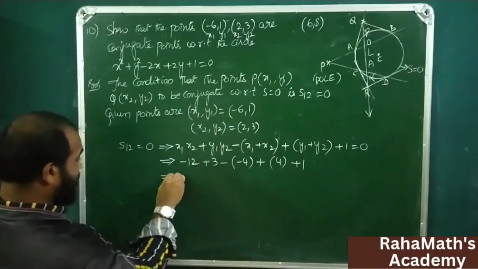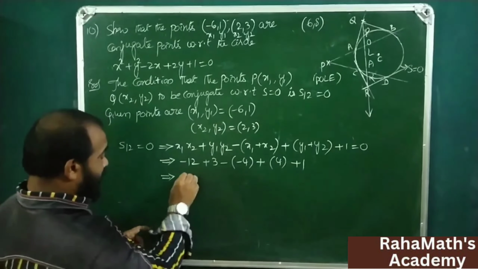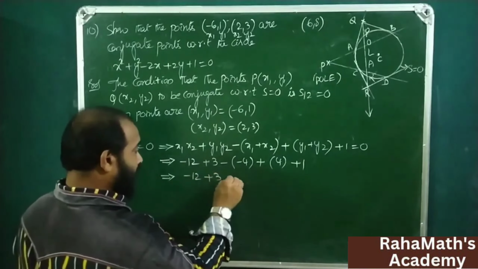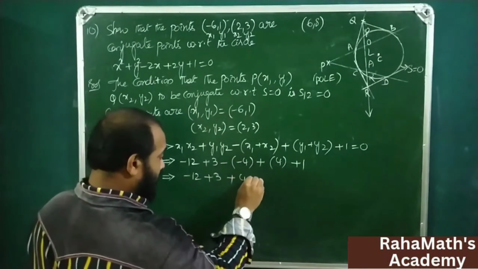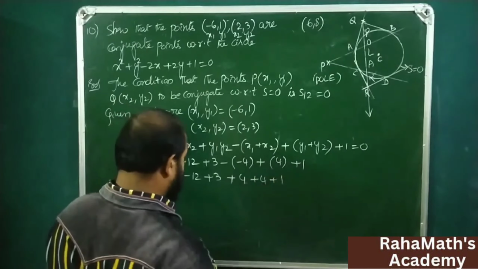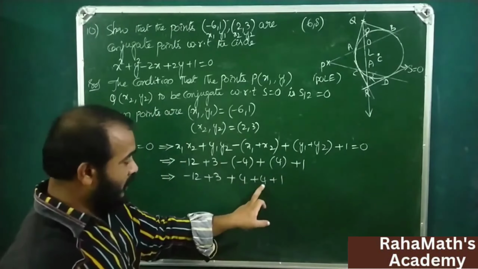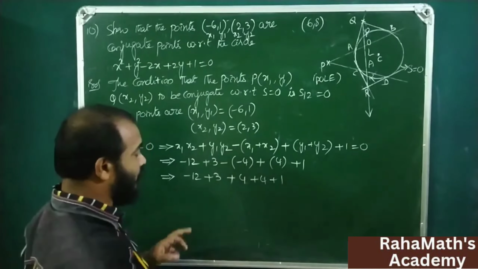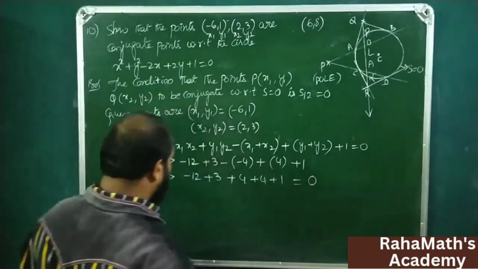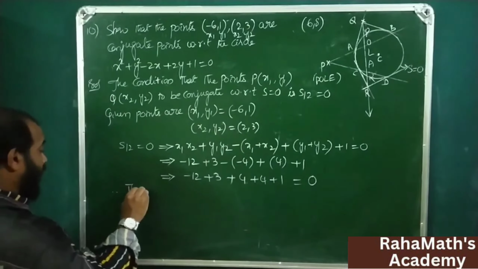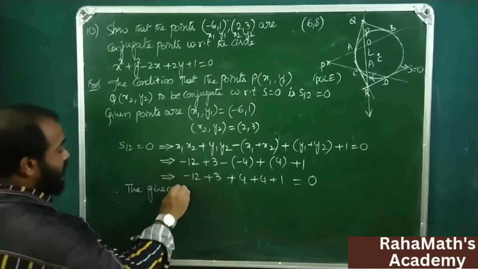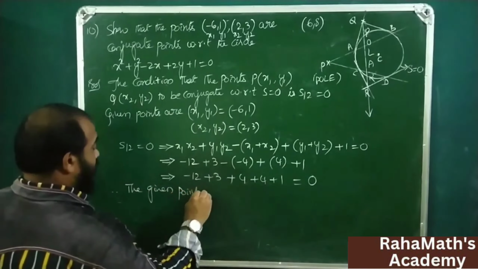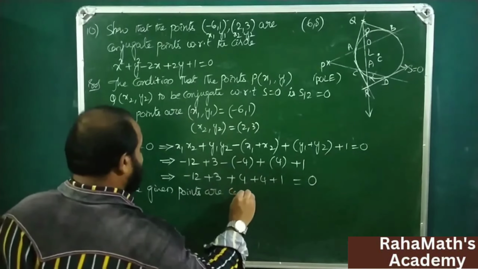That implies minus 12 plus 3 plus 4 plus 4 plus 1. So 4 plus 4 is 8, plus 1 is 9, plus 3 is 12, 12 minus 12, yes, 0 we get. Therefore the given points are conjugate points.